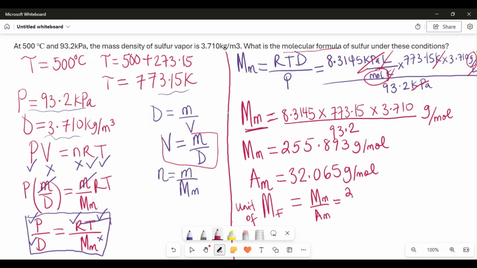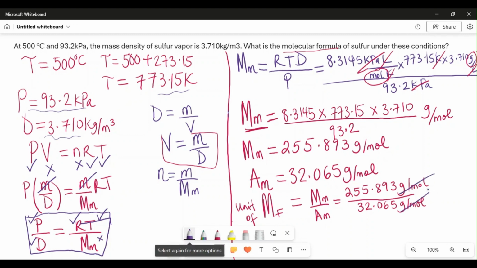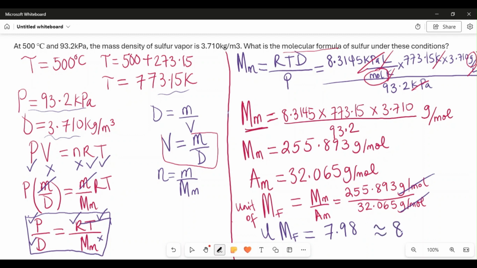So you have 255.893 gram per mole divided by 32.065 gram per mole. So you cancel out the gram per mole, cancel out the gram per mole. So you have the molecular formula unit basically to be 7.98, and 7.98 approximately when you're dealing with units is just 8.